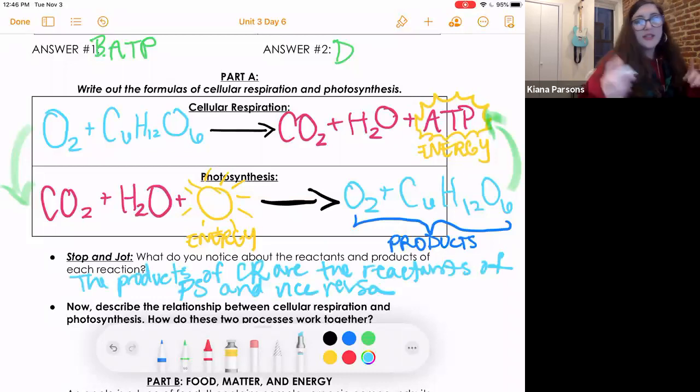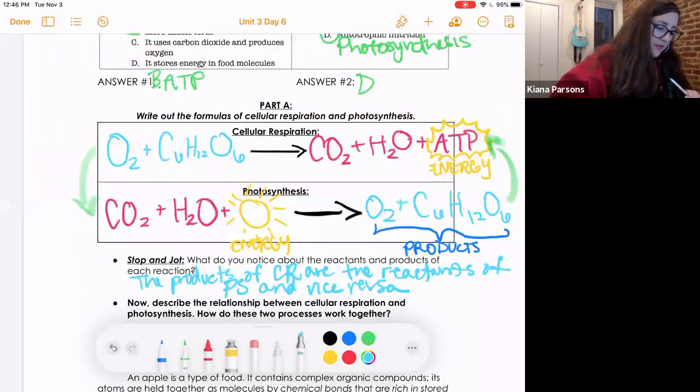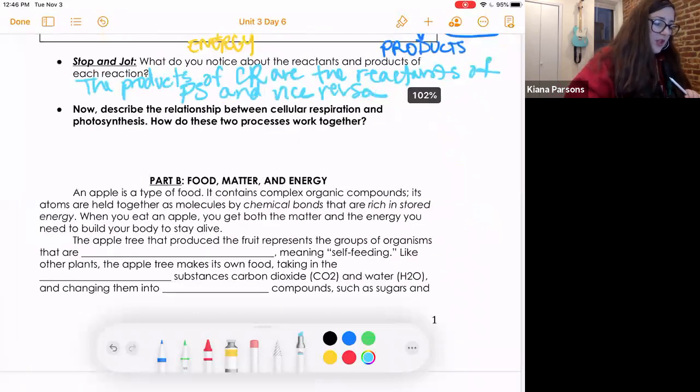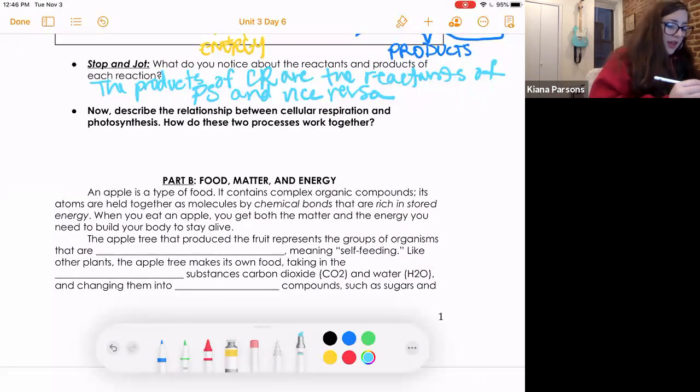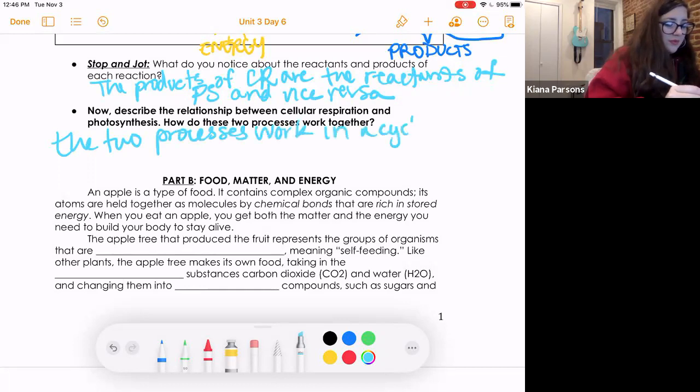Right, so the two processes occur in a cycle. So we're going to describe the two processes work in a cycle within plant cells and our broader ecosystem.